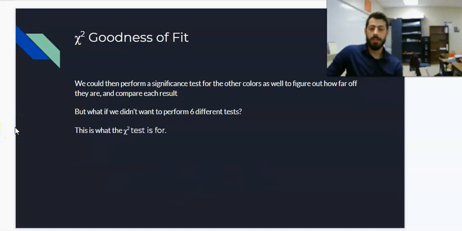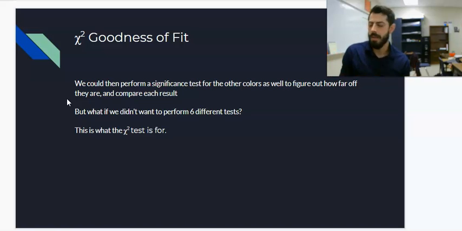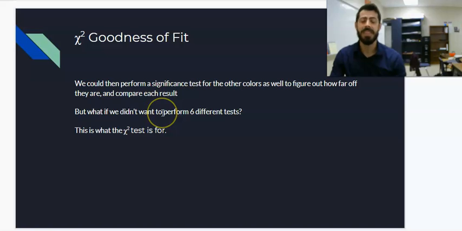You could do this theoretically for each of the 6 different colors of M&Ms, and you could compare each test and each result to see what the likelihood is that they follow their described pattern as told by Mars Candy Company. But that involves having to do 6 different significance tests with 6 different sets of hypotheses, and who really wants to do that?